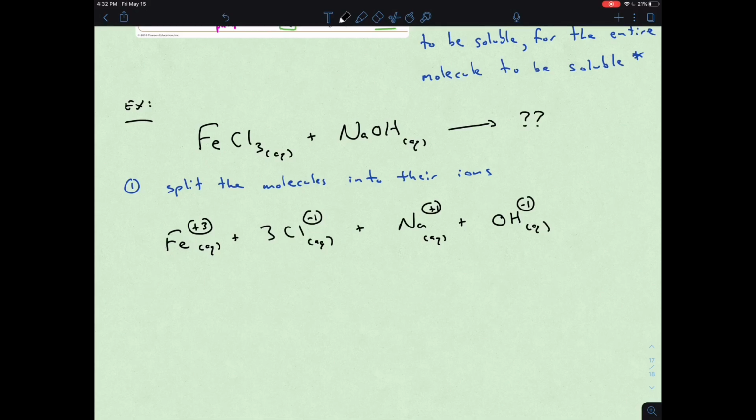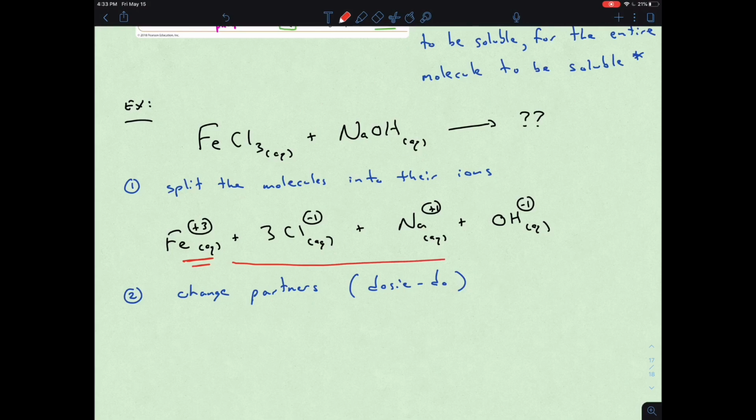Once we split the molecules into their ions, the second step is to change partners. Do-si-do. So the iron and the chloride were originally paired with one another. Now we should pair the iron and the hydroxide with one another.